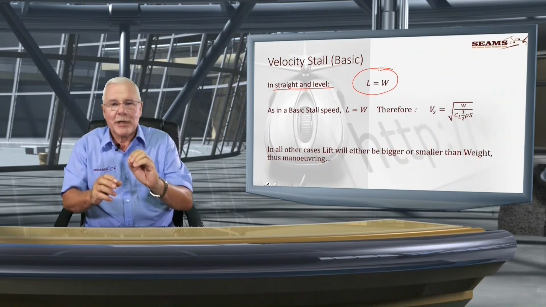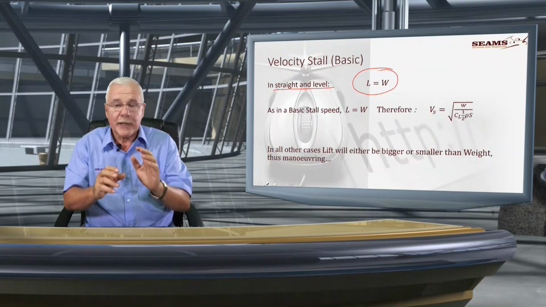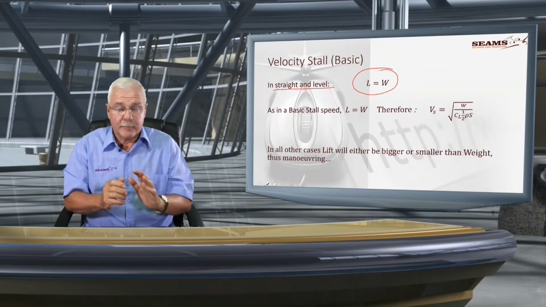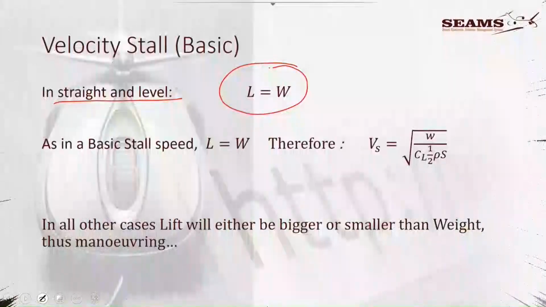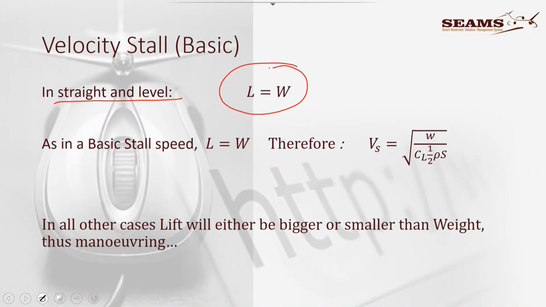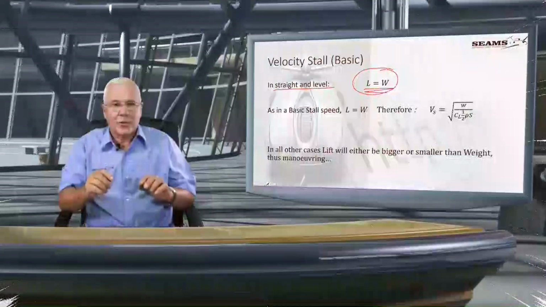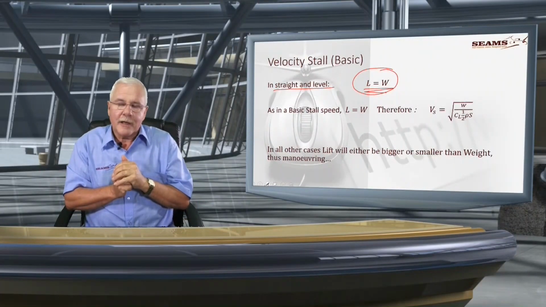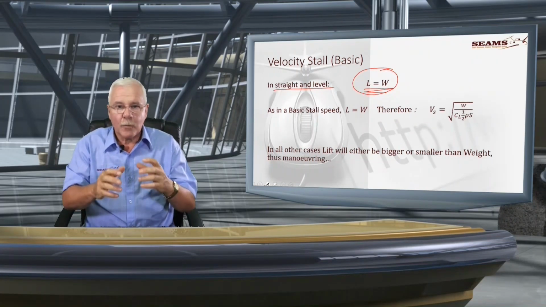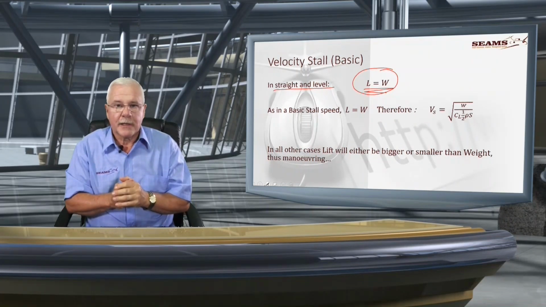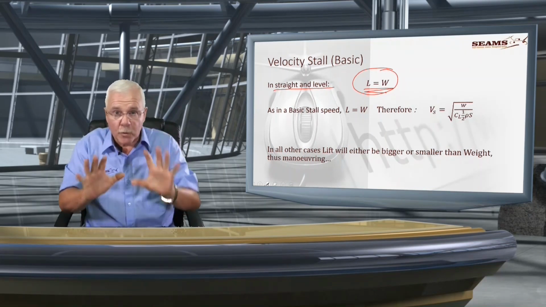No, don't get to that point. What I'm just saying is that straight and level, lift equals weight, period. Anything else is maneuvering. So now we say, because lift equals weight, and weight is a constant, you're going to just now say to me, yeah, but what about when you pull G's, the weight increases? The weight stays exactly the same. It is the apparent weight, and we're not talking about this.